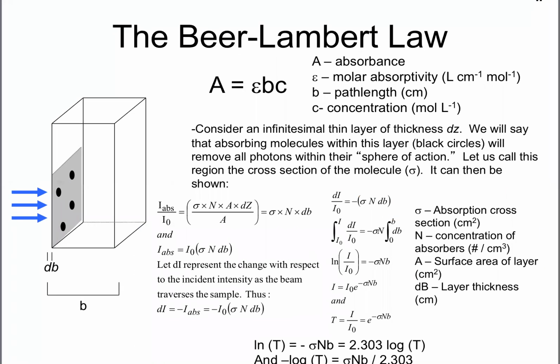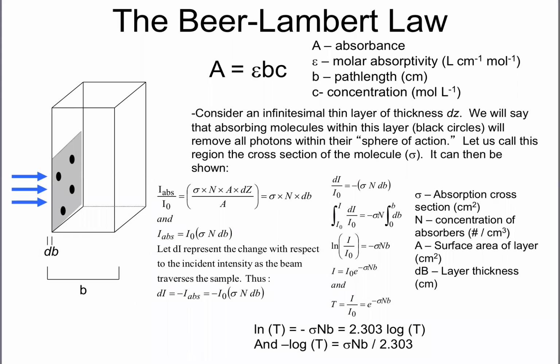Now, we've got to get quantitative. Remember I said that absorption was linear with concentration? Well, the Beer-Lambert law is a mathematical relationship which formalizes it, okay? Now, the Beer-Lambert law ultimately is going to be this equation, and this is what you need to remember. The rest of it is just a mathematical derivation at the bottom, and I'll talk about that in a second.